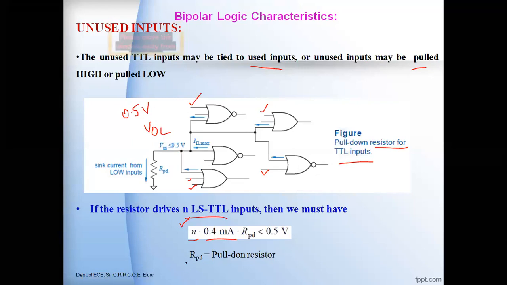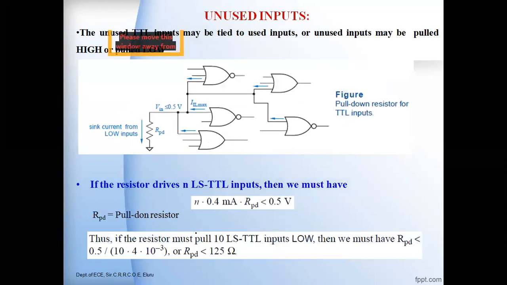So now, what is the pull down resistor for this case here? So for example, take N, the unused inputs, for example, take 10. So there are 10 unused inputs, and to control the 10 unused inputs, what is the pull down resistor value that is to be connected here? So that you can determine from this relation. See, from this relation, you can find the value of RD.